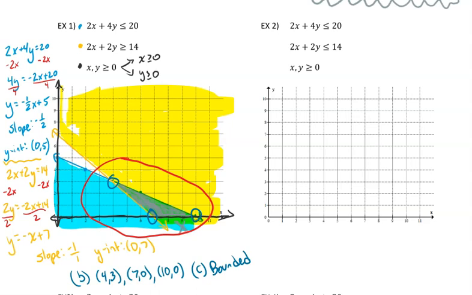The first one had less than or equal to and greater than or equal to. This one has both less than or equal to. So luckily, that means we're not going to have to get the slope and resolve for them every time. We already know what they look like, so we can go ahead and just draw these out again.